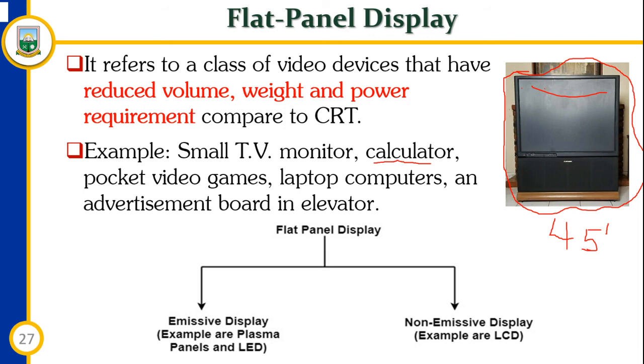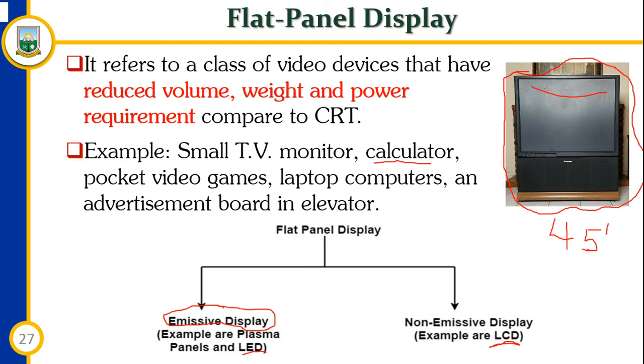We have the emissive display, and we also have the non-emissive display. When we talk of the non-emissive, then we are talking about the liquid crystal display, which is the LCD. For the emissive display, we are talking about the plasma and also light emitting diode, which is the LED TVs that are available.